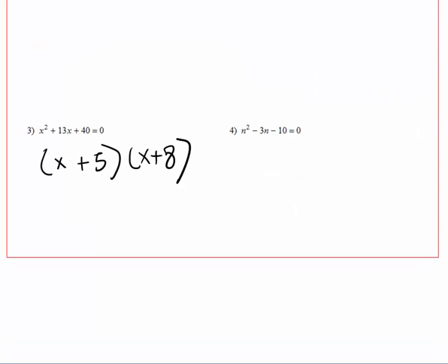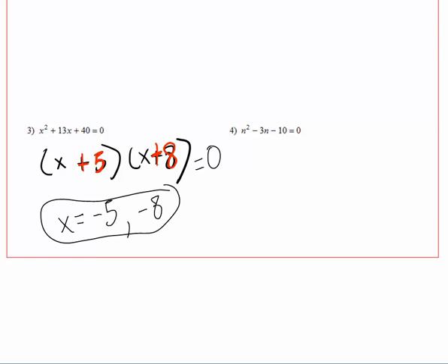Let's go to number 3. This will factor to x plus 5 times x plus 8, equaling 0. And I'll put the numbers that are important in red again. Plus 5 and plus 8. The opposite of plus 5 is negative 5. The opposite of positive 8 is negative 8. And that's our answer.